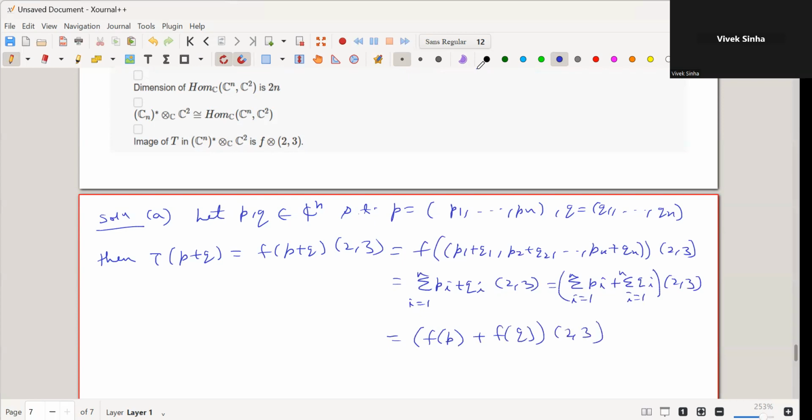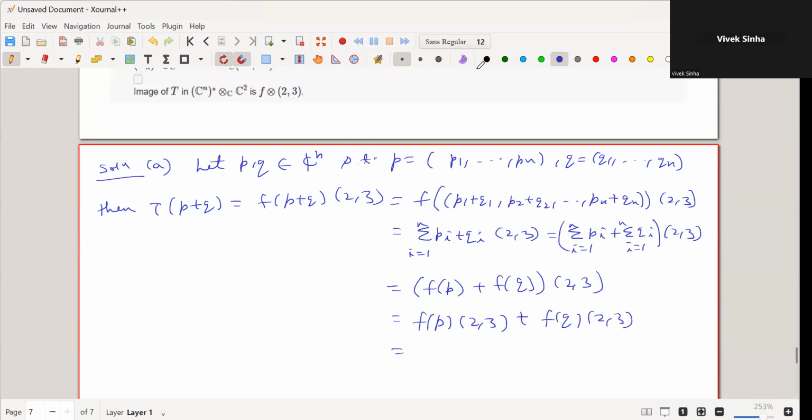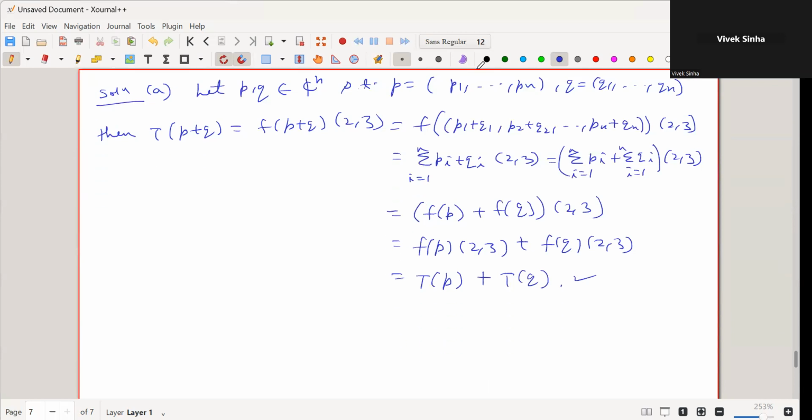Then it also splits, since this is a complex number multiplied with a 2-tuple. This is F(P)(2, 3) plus F(Q)(2, 3), and F(P)(2, 3) is T(P), and this is T(Q). So this is linear, right? The additive property is satisfied, and you can check that the other part is also there.